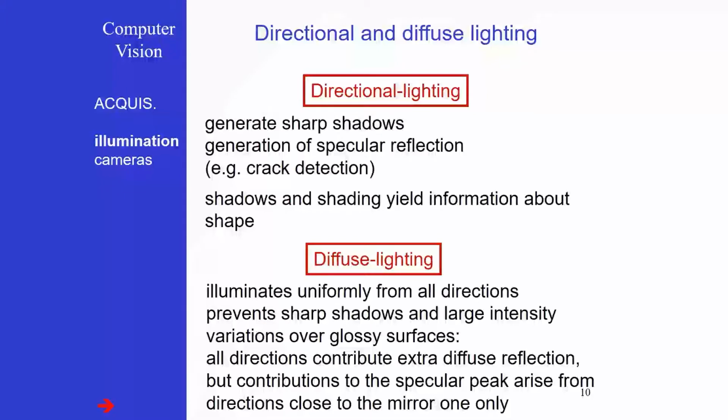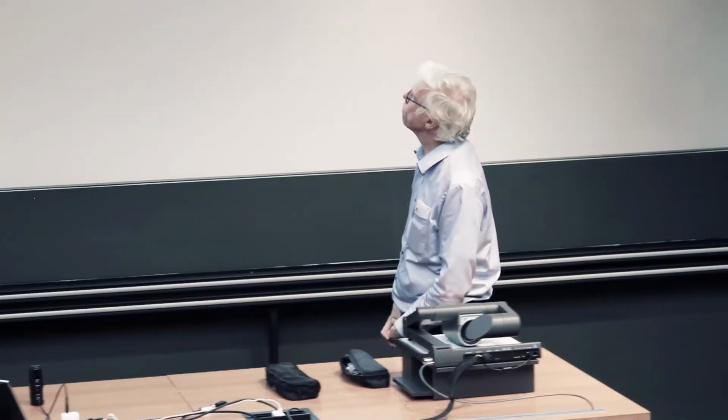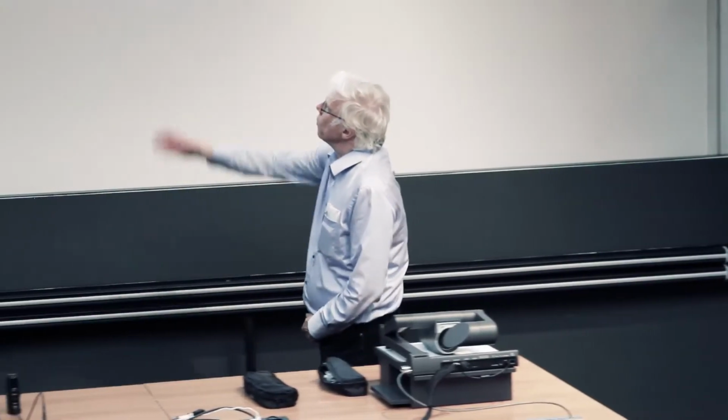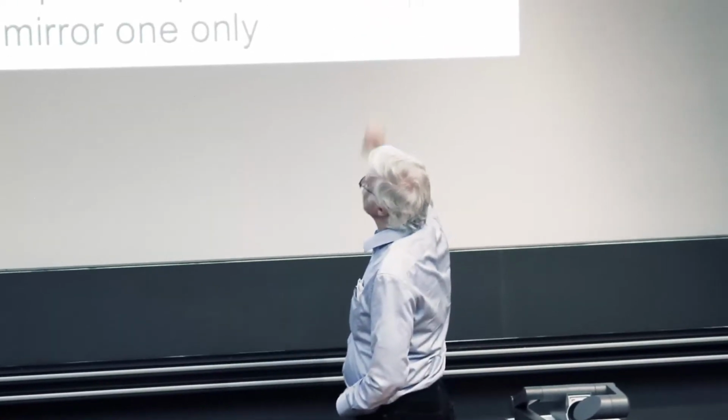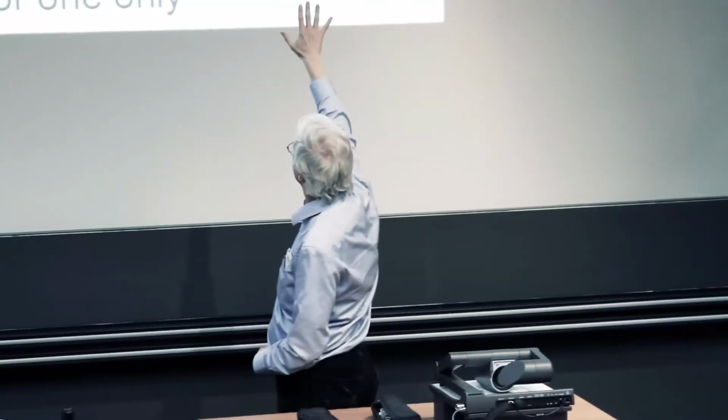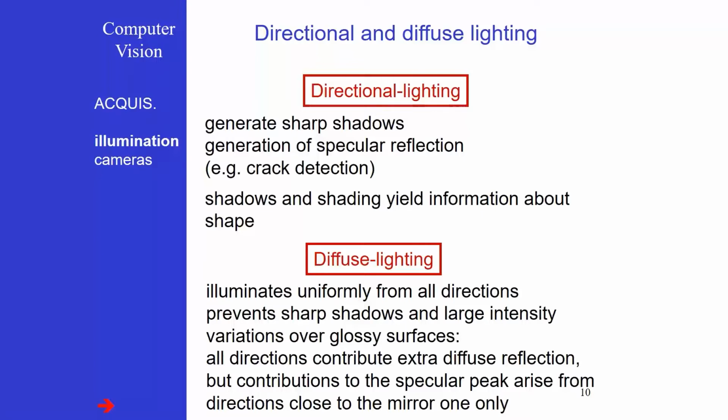Then you can also take the opposite view, and you can go for so-called diffuse lighting. This means you try to get the lighting from everywhere. So you try to get omnidirectional lighting from all orientations coming in and falling onto the surface. So this illuminates uniformly from all directions. It prevents sharp shadows and large intensities because there's so much diffuse lighting that the reflective lighting, the specular reflection, is in comparison not that strong anymore as before under directional lighting.